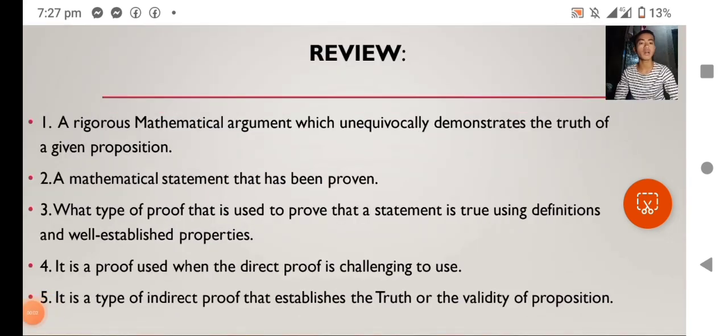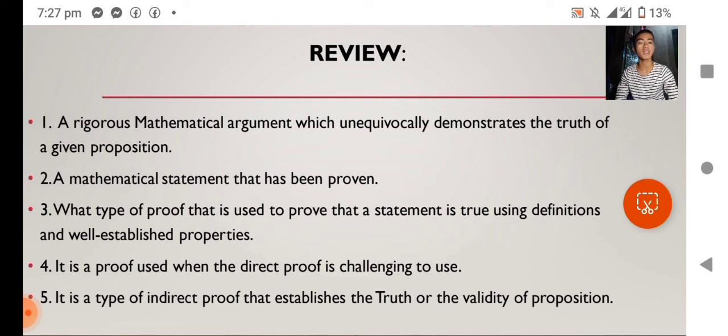So we have a short review of our previous discussion. Number one, a rigorous mathematical argument which unequivocally demonstrates the truth of a given proposition. Number two, a mathematical statement that has been proven.